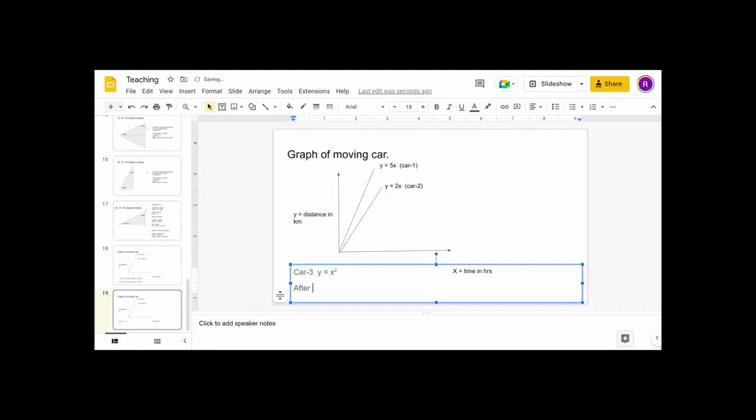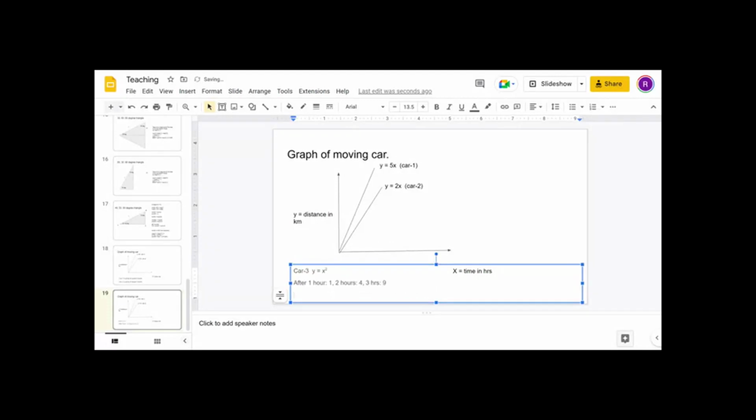After 1 hour, y is 1. 2 hours, y is 4. 3 hours, y is 9.